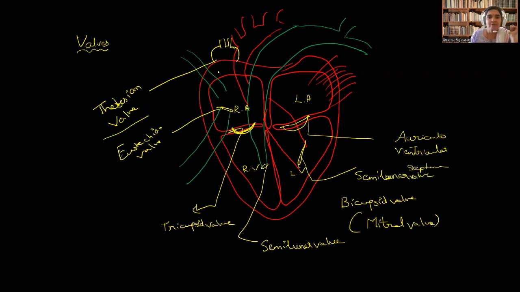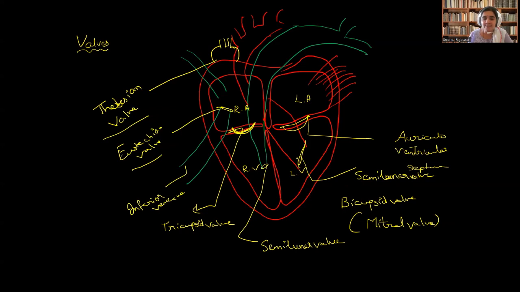So, the Thebesian valve is present near the coronary sinus. The Eustachian valve is present guarding where the inferior vena cava, this is the inferior vena cava, is opening into the right auricle.